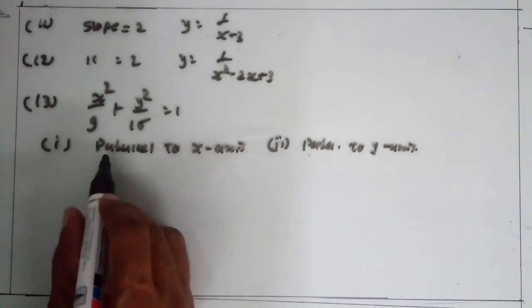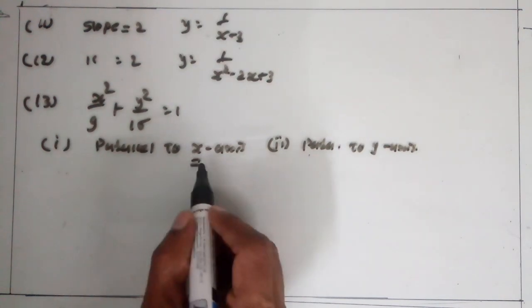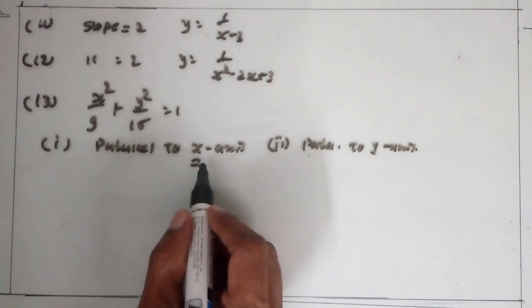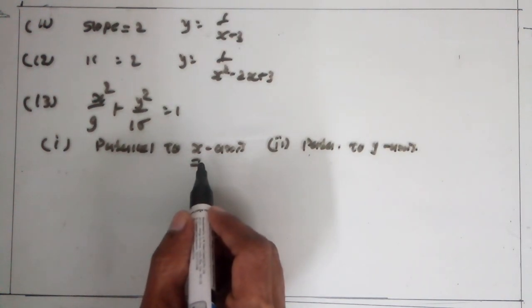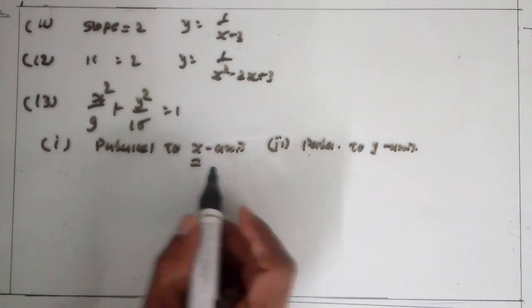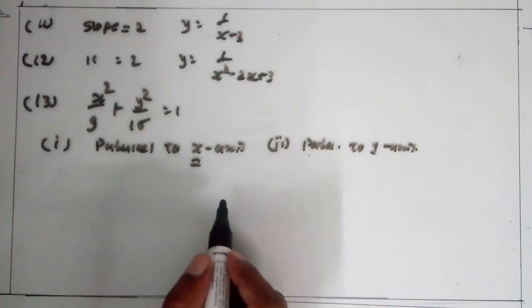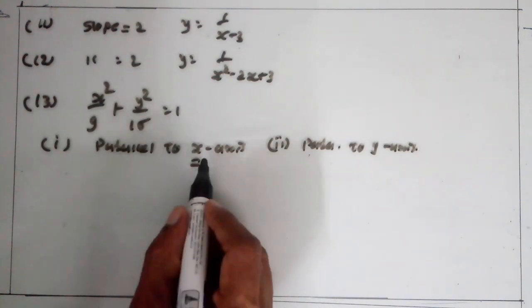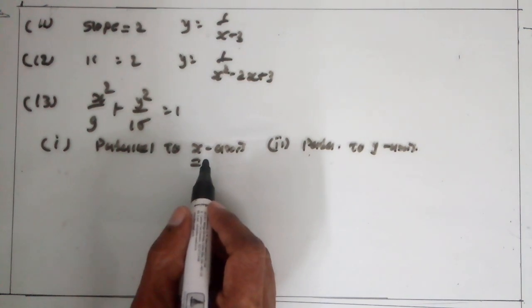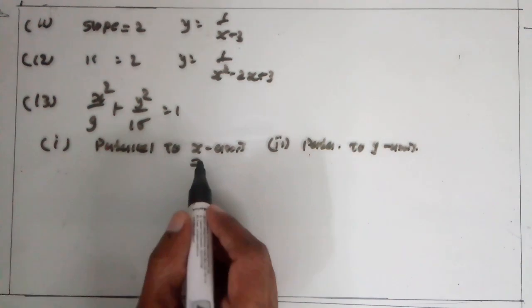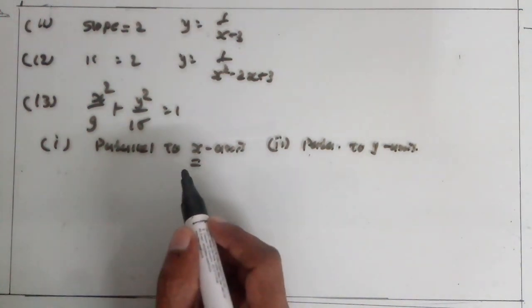Here the tangent is parallel to x axis, then the slope of tangent becomes 0. Remember this. So first we get dy/dx, compare with 0, get the value of x, and using the value of x we get y.